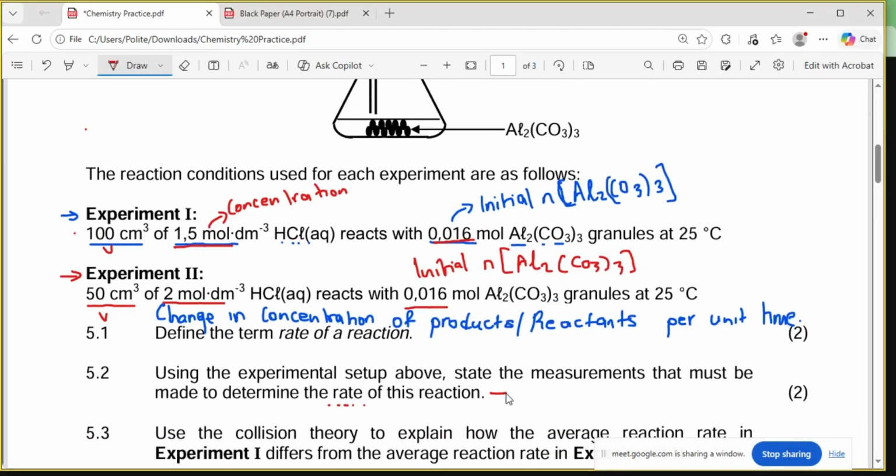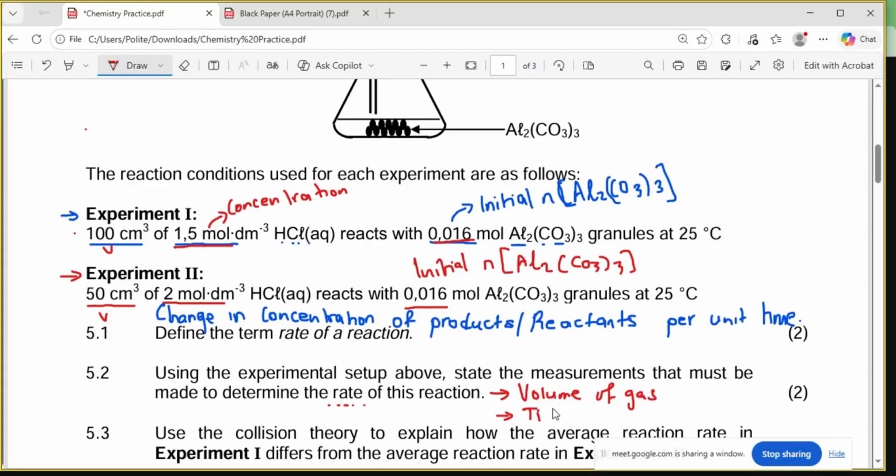So the first one that I'm going to give them is that we're going to measure the volume. You can just write the volume of gas only, it's fine. So we're going to say the volume of the gas. And remember, this is rates of reaction. We know that another thing that we need to measure is the time. It's always measuring the time.